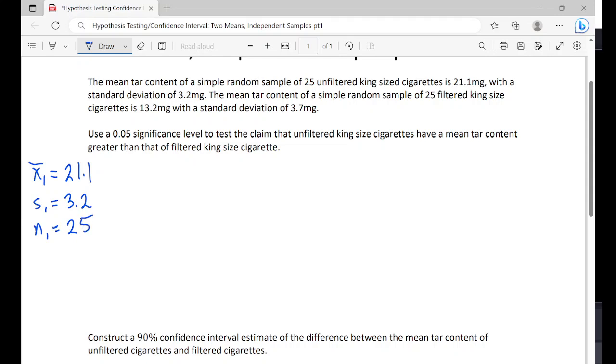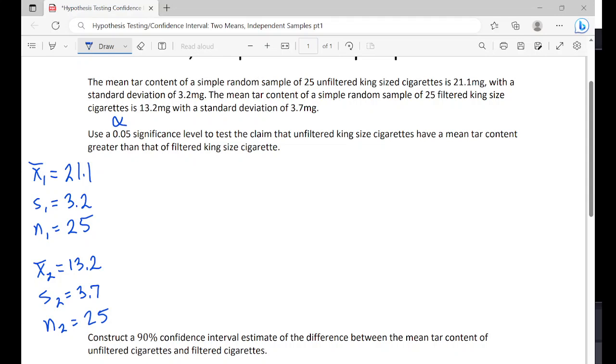Our next group, the filtered cigarettes, has a mean of 13.2. So x bar 2 is 13.2, with a standard deviation for this second group of 3.7. And the total number in this second group is 25. And we can see our alpha value right here. Our significance level is 0.05.